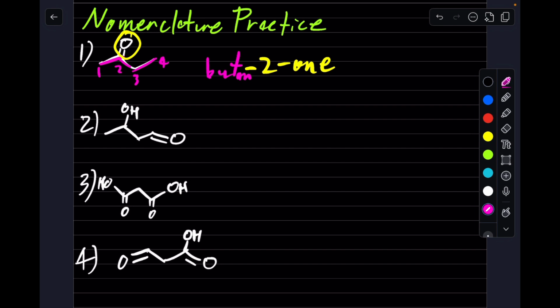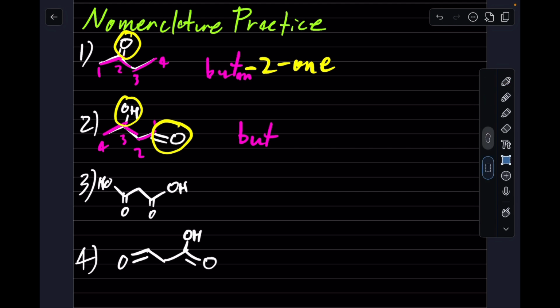Looking at question 2, the main chain is also but, has 4 carbons. But this time there are 2 substituents. One looks like this, and one like this. One carbonyl and one hydroxyl. Now, recall that aldehydes are higher than alcohols on the priority table.